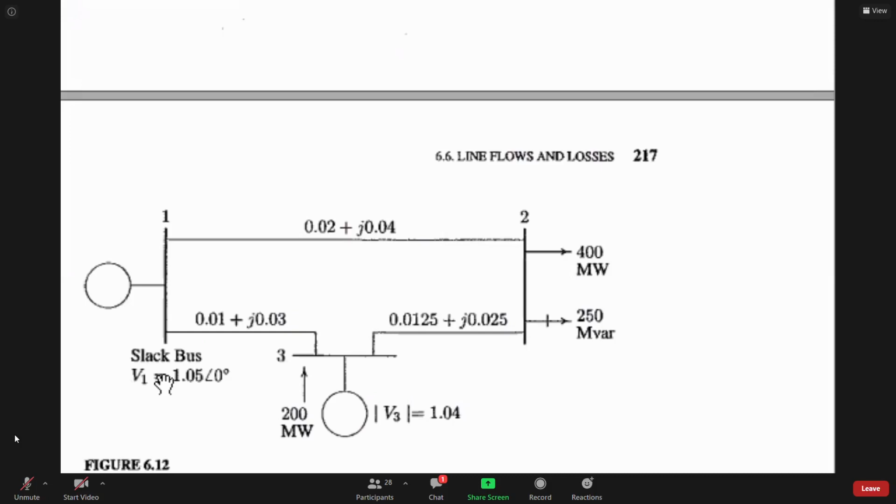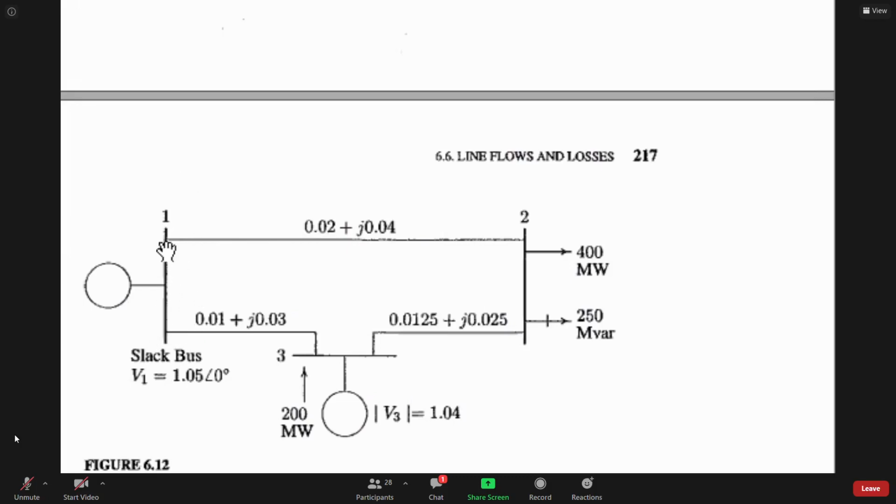That means you can simply compare the circuit by ground as the swing or slack bus. Okay, in terms of that reference or ground or slack bus, you can consider the other buses' voltage information, right? V3 voltage, V2 voltage, based on that reference.